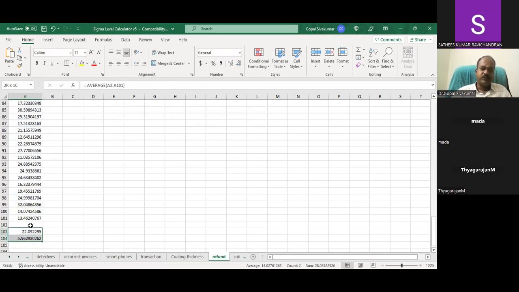With these two values, you will be able to calculate ZST. Am I correct? Yes or no? Mean is here, standard deviation is here. So should I also do the calculation for ZST?